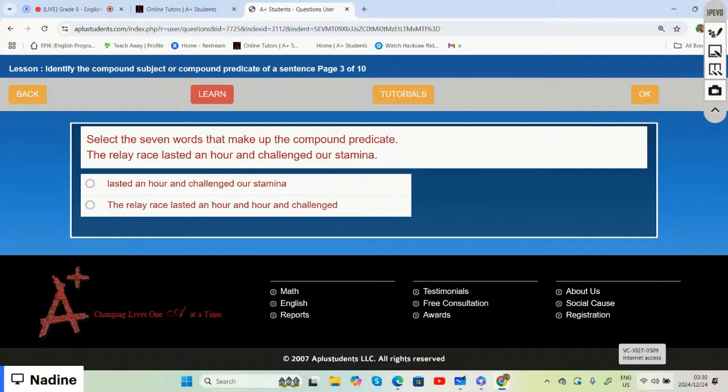So is it option one, lasted an hour and challenged our stamina?